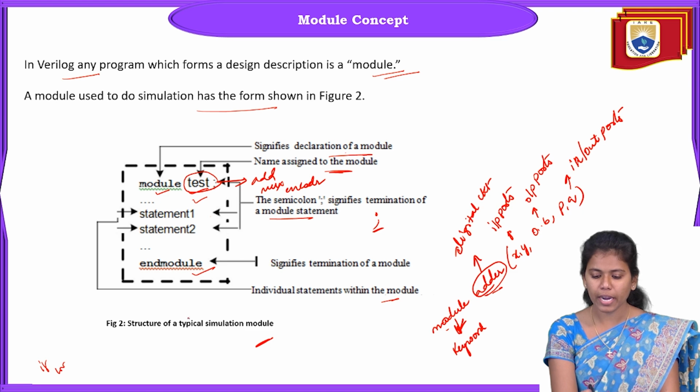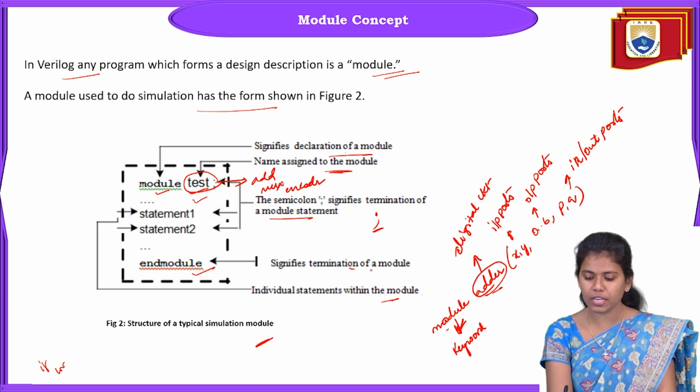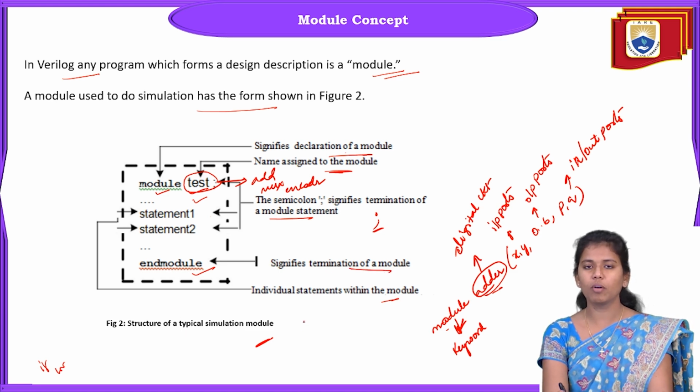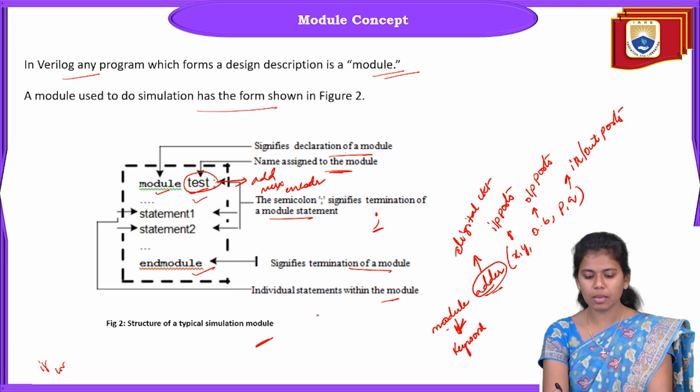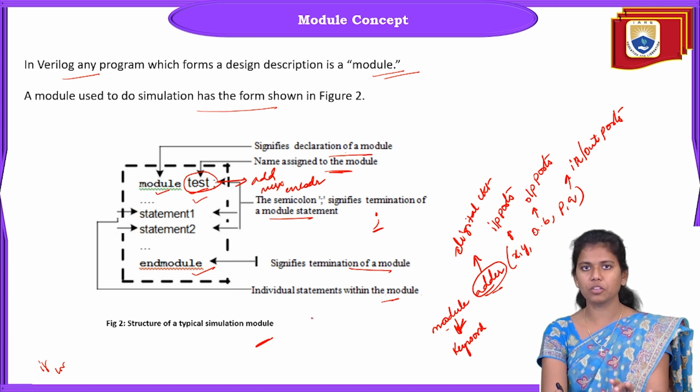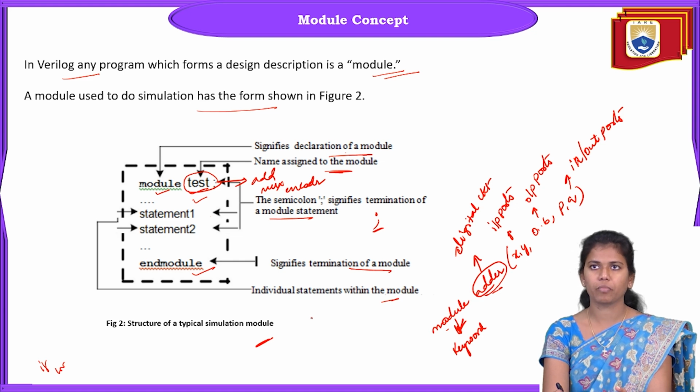Next, coming to endmodule: it signifies the termination of a module. When you start a program with a module name, you have to end that module with endmodule. So this is the structure of a typical simulation module.